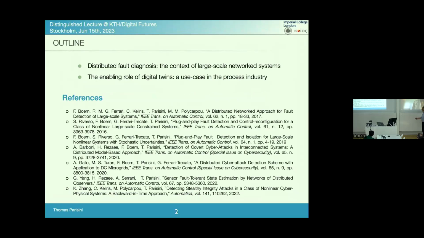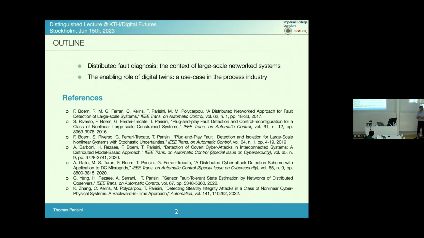methodology. So the outline here is very brief, in the sense that I'm trying, as I said, to match distributed fault diagnosis, the context of that, and especially within the framework of large-scale network systems like the application I'm going to present. And I will try to match it with the digital twin concept, which is now a buzzword that is used a lot.